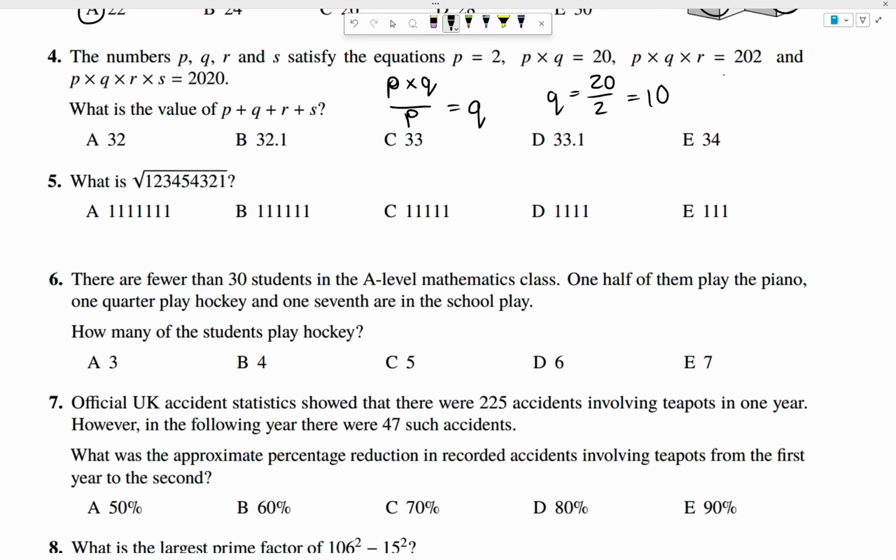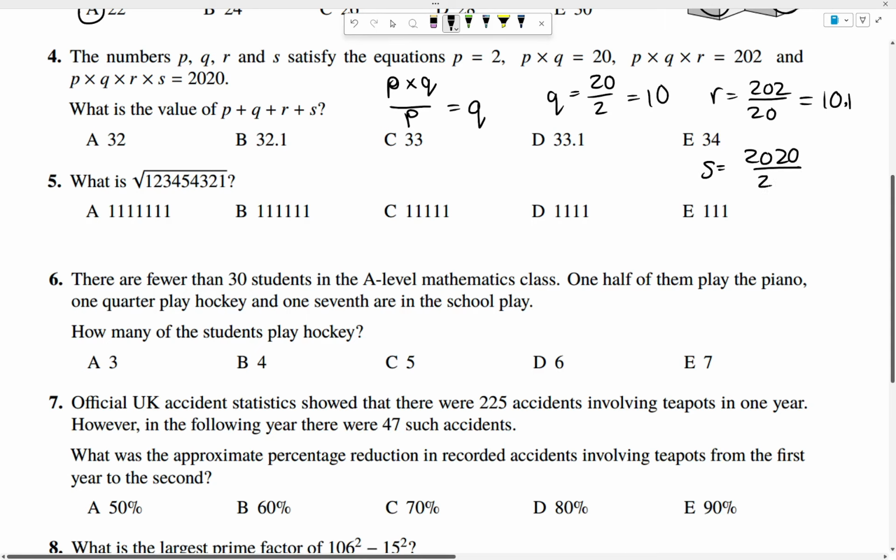In a similar way, r is equal to 202 divided by 20, which is 10.1. And the last thing is s is equal to 2020 divided by 202, which is 10.